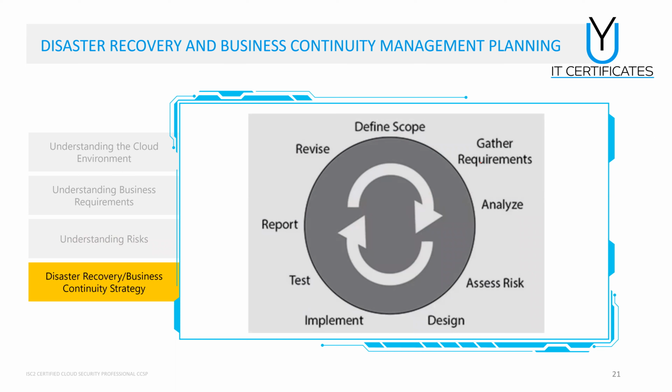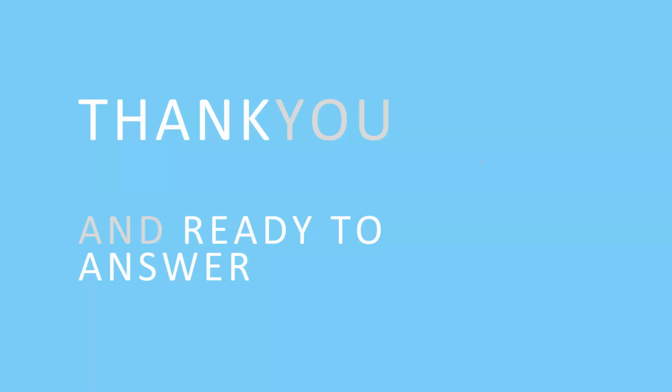You have to analyze these requirements and check for the risks, make the design and implement it, then test it and report it to the management. And finally, you have to make continual improvement, revising it if there are any modifications or additional services, to ensure the effectiveness and the efficiency of the service.